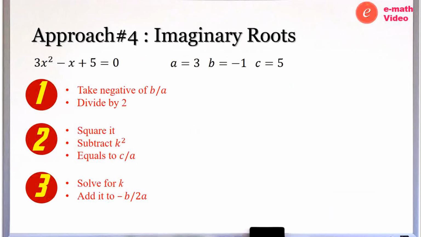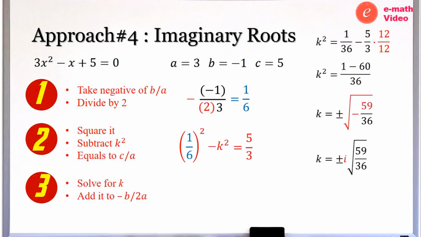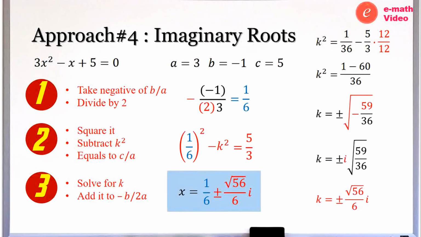What about imaginary roots? For this evil question from part 2 of the series, same thing: take negative of b over a, divide by 2 equals 1 over 6. Square it minus k squared equals 5 over 3. Solve for k and x equals 1 over 6 plus k, and that's the answer.